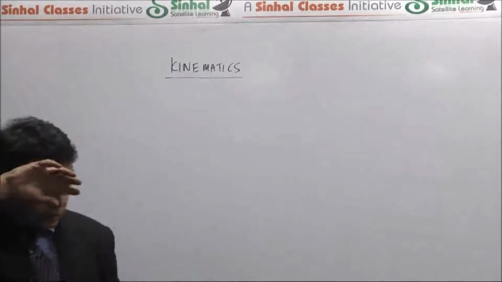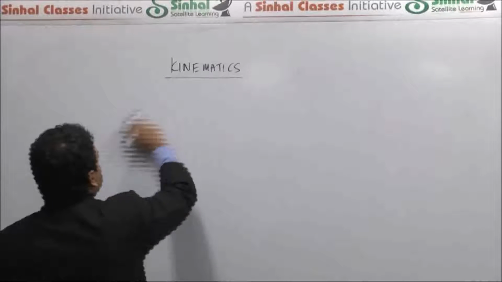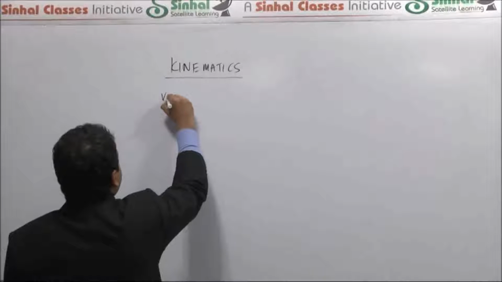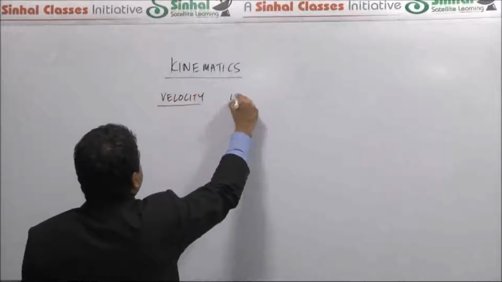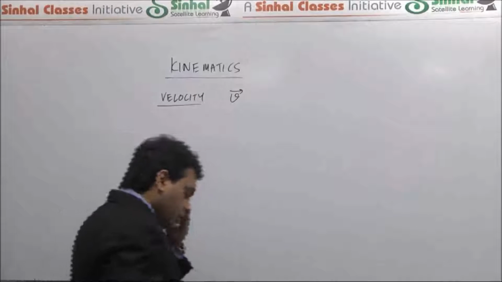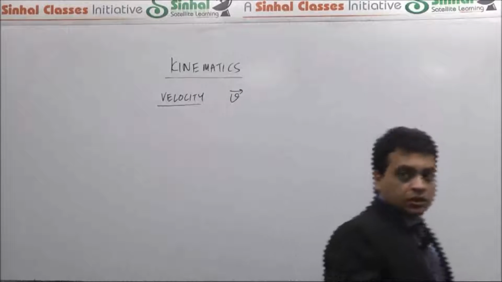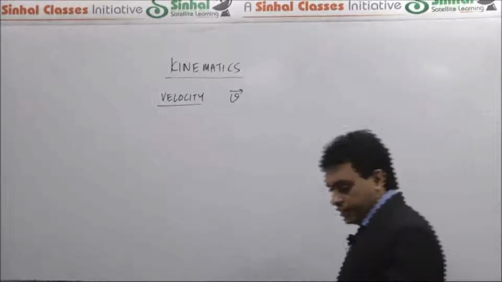Now we are coming to one of the more important definitions in kinematics, and that is the definition of velocity. Generally we denote it with the symbol V, and as you can see, it's a vector quantity, right?